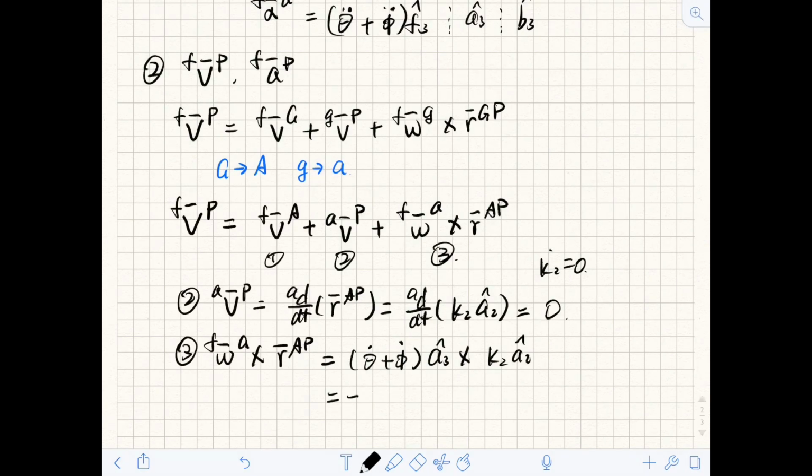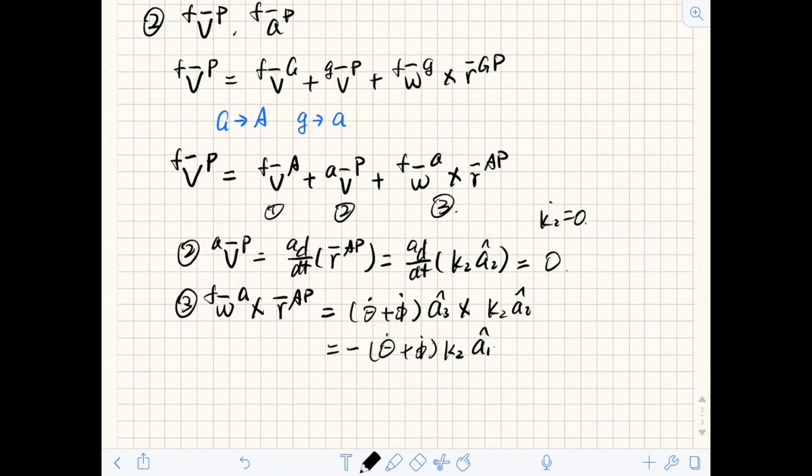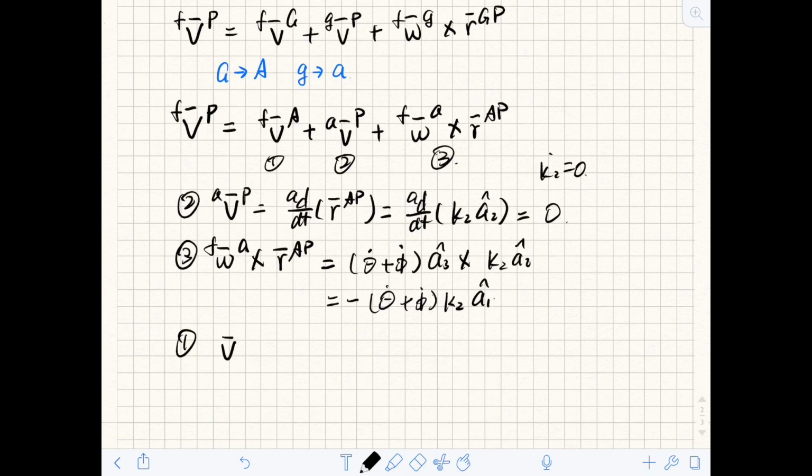And we will have an expression for the angular velocity component as theta dot plus phi dot times K in the A1 direction. Notice A3 cross A2 equal to negative A1. So this is where the negative sign appears.